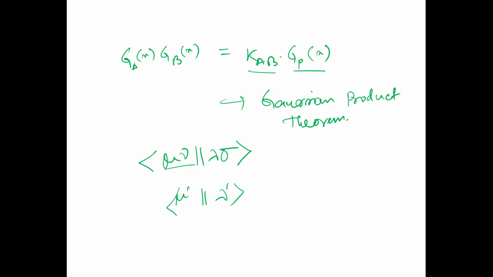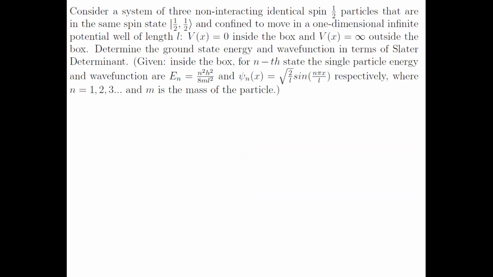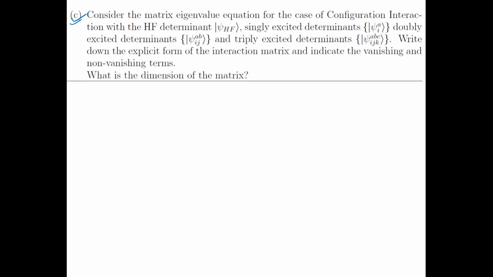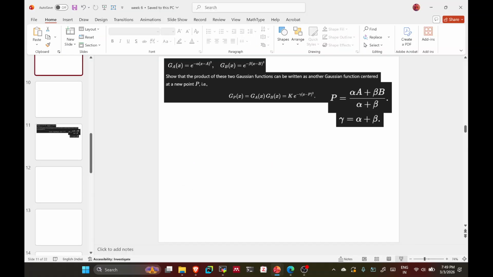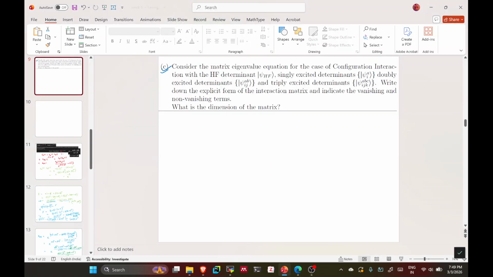So that's why globally or conventionally all the quantum chemists use this Gaussian type basis set, right? Okay, so now we'll prove this or we will solve these questions after discussing the electron correlation.